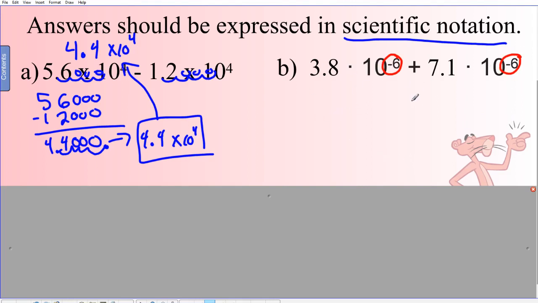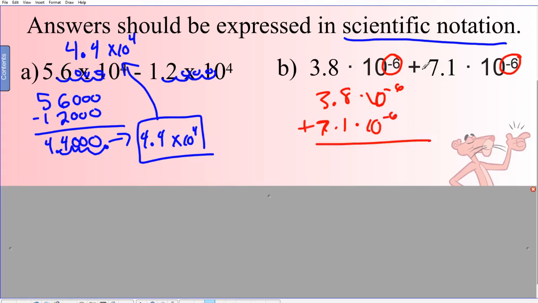So I'm just going to set this up and down. Now, since it's addition, I kind of always like putting the bigger number on the top, sort of thing. But 3.8, I'm not going to, times by 10 to the -6 over 7.1 times by 10 to the -6th.